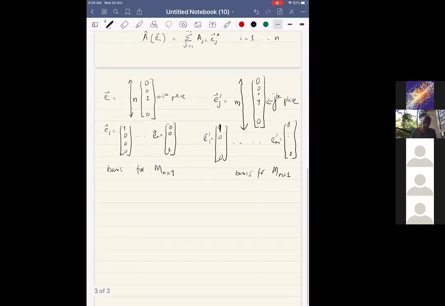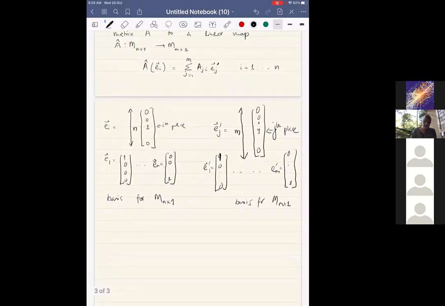Now, A hat maps this vector space to this vector space. So I can apply it to each of the basis vectors. In particular, when I apply it to E_i, I'll get a vector here, which can be written in terms of the prime basis with scalars.